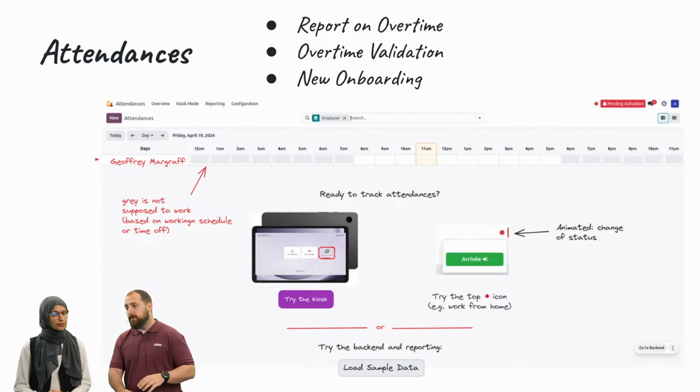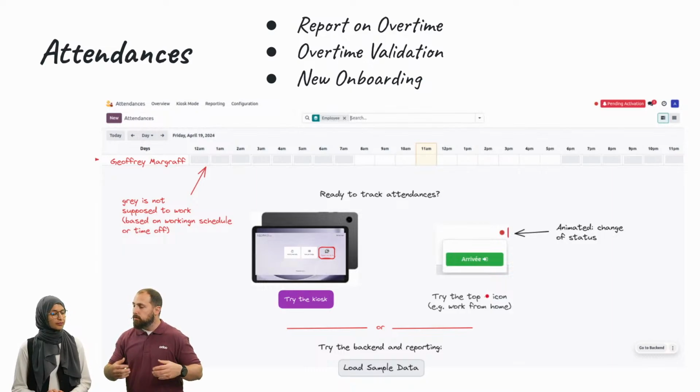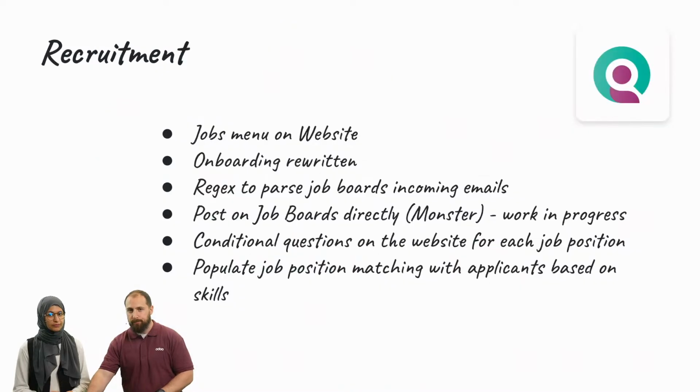So the first step, in order to include all of this and automate it into the payroll, was first of all to be able to handle that on the attendance side. And then, of course, as you can see here on the screen, there is a little bit of a rework on the onboarding. So there we help you get this application running, right?